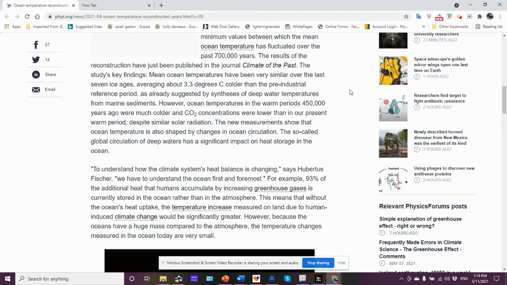This is further supported by reconstructing deep water temperatures using marine sediments. You can get a lot of information from sediment cores and ice cores. Looking at the trapped gases, you can measure their levels and concentration.